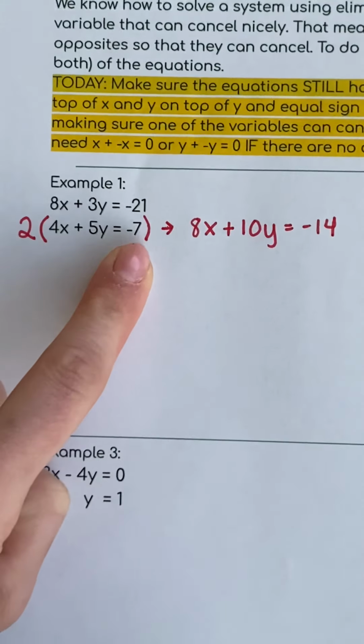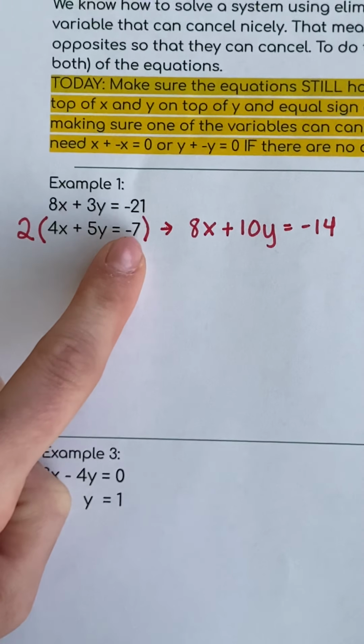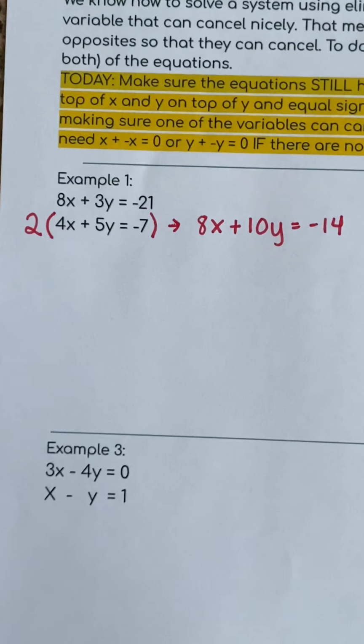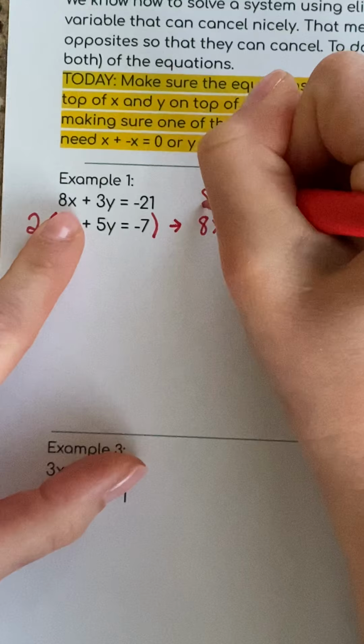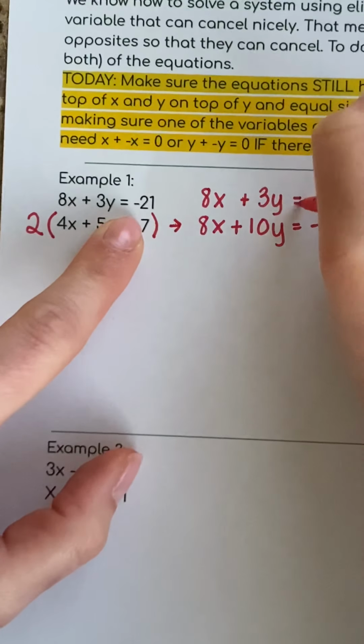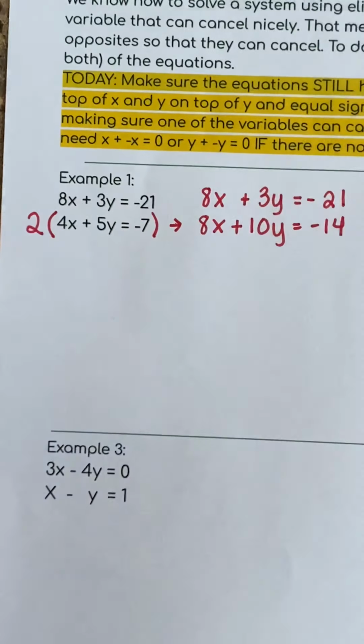This is the number one mistake people make, they forget to multiply this third number. Don't do that. Now I also need to make sure everything is lined up, so I have to rewrite that top equation above: 8x plus 3y equals -21.